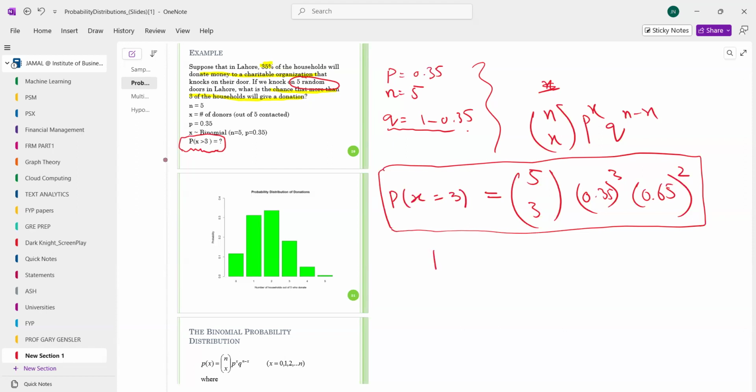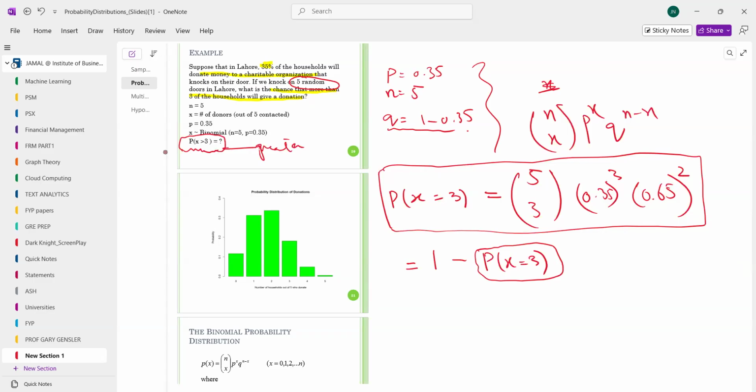So we'll simply subtract the probability of 3 from 1. This will give you the probability for the rest, the chance that more than 3 households will make donations. So this is what you're interested in. To know that, you will subtract the probability of exactly 3 making donations, but what you're really interested in is greater than 3.